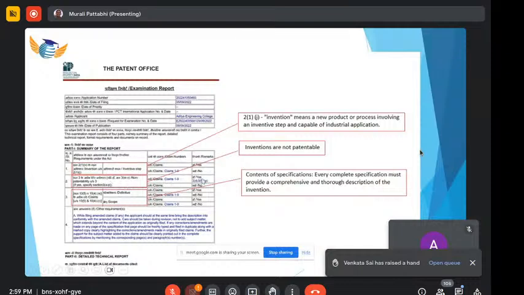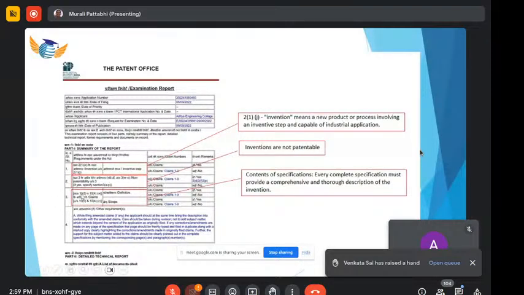If it says yes, what subsection of 3 is applicable to this invention? As per the examiner, 3D is applicable, 3F is not applicable, and 3P is applicable. We will go into what 3D, 3F, and 3P are. What he's trying to say is all claims would fall under these categories, so it will not be allowed for patentability, or it will not be granted a patent.